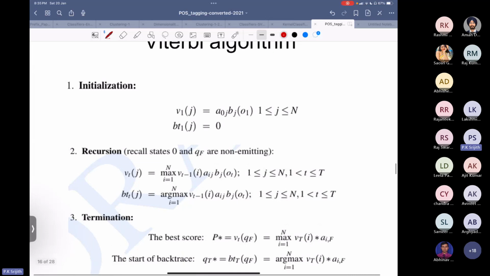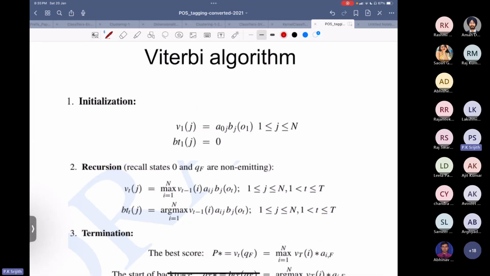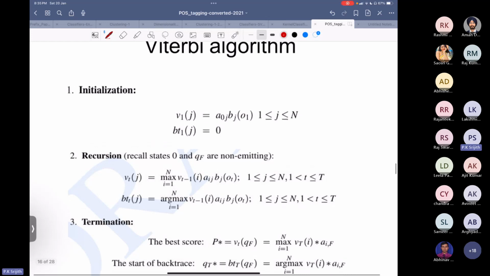Yeah. So you can think of the Viterbi algorithm to consist of these different steps. In this Viterbi algorithm, which is described here, Aij represents the transition probability, the probability of transitioning from the ith label to the jth label, right?